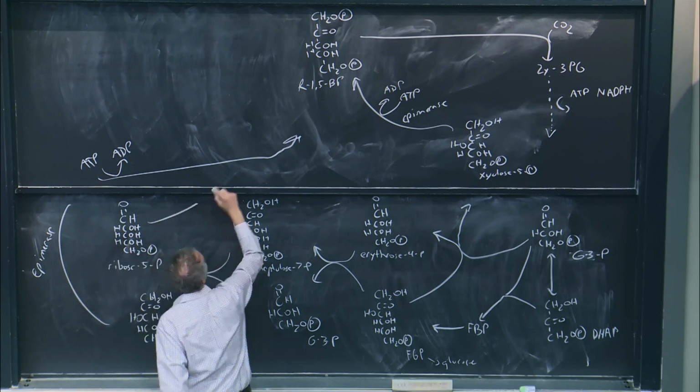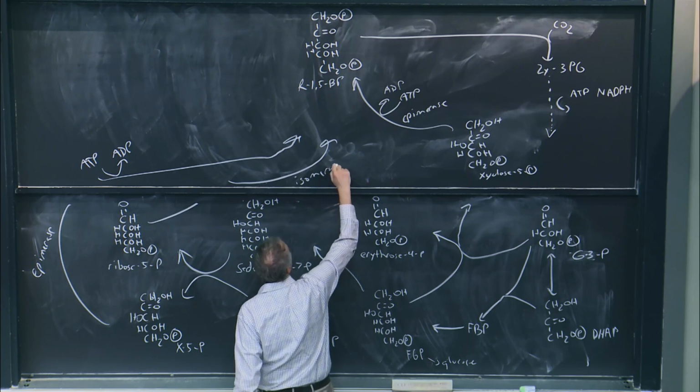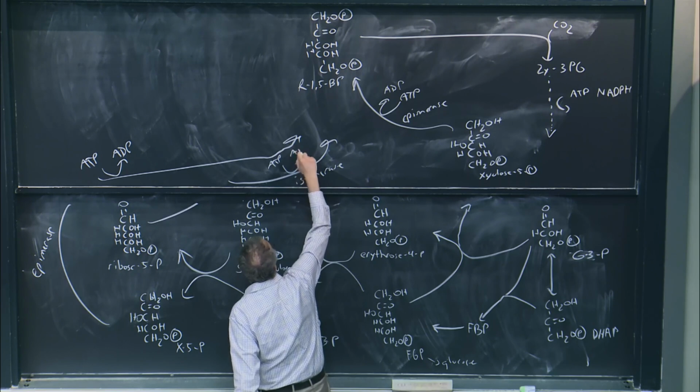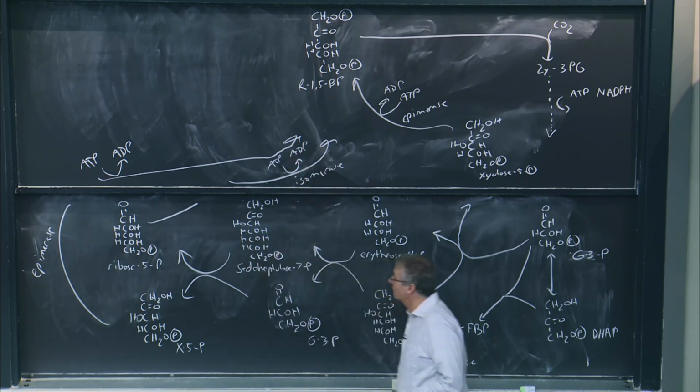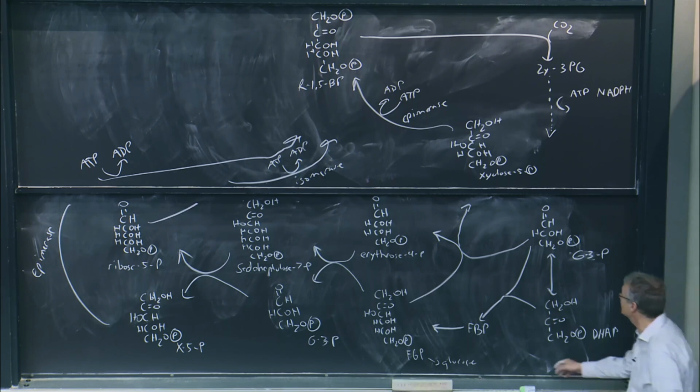From the ribose 5-phosphate, I can do an isomerase reaction and phosphorylate it. And in the end, I now generate 5-carbon ribulose 1,5-bisphosphates.